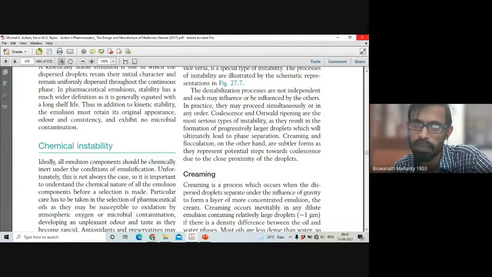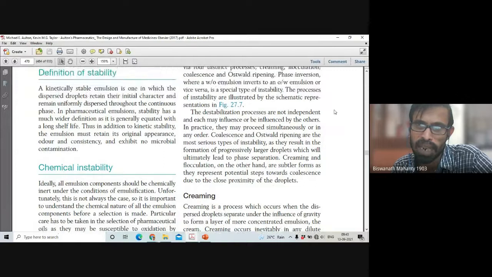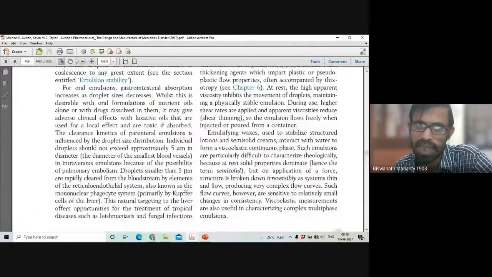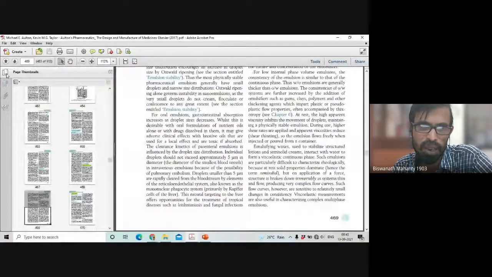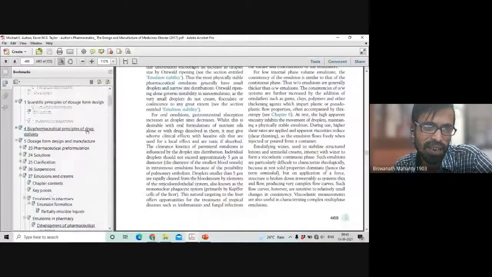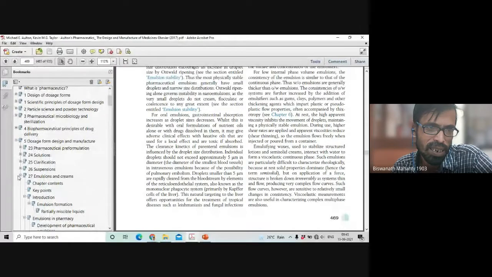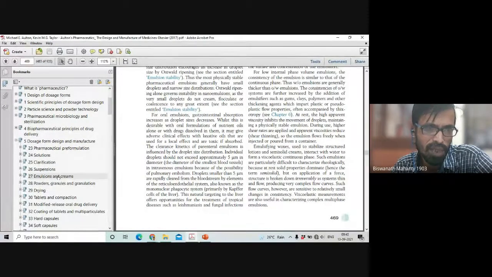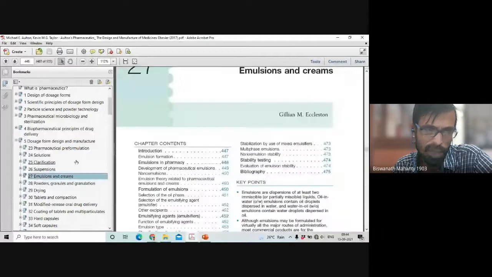I will stop this discussion here. Please go through these chapters from an exam perspective, which I will just highlight. First one is emulsion. We talked about emulsions and creams, that is chapter number 27.